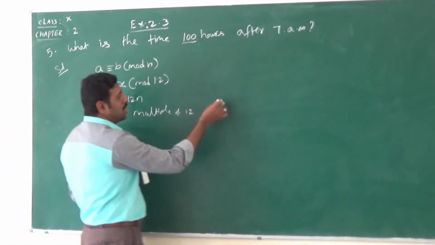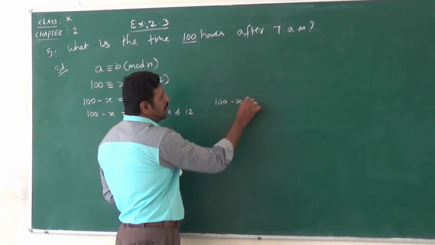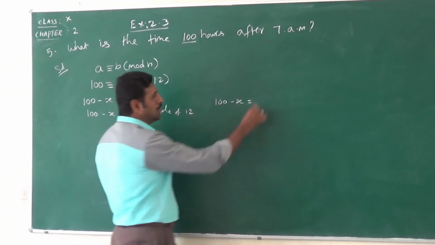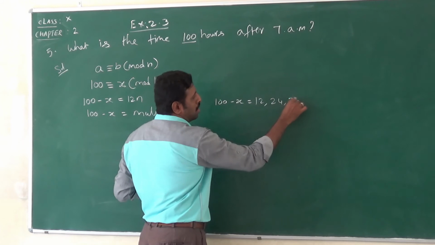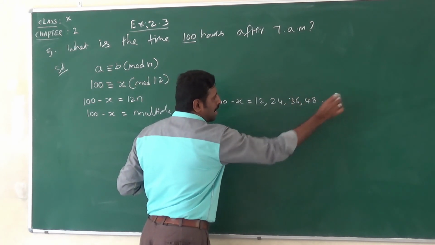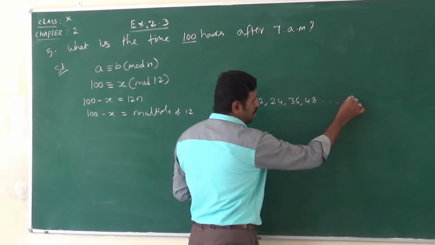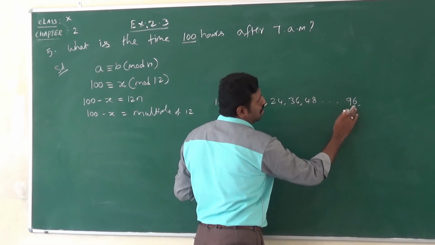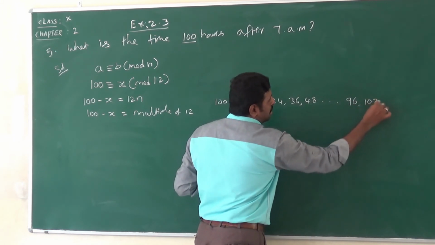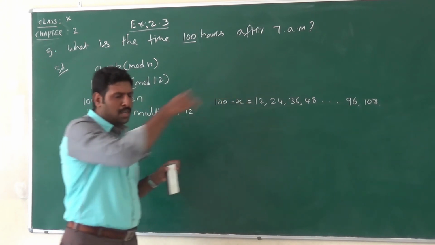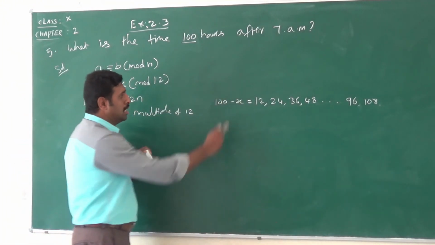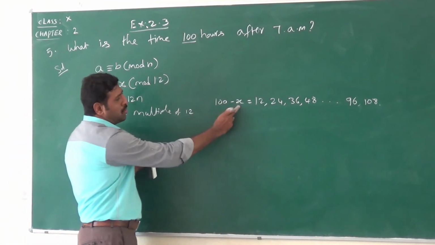So what are the multiples of 12? We get 12, 24, 36, 48 like this, right? And then 96 and then 108. It goes on like this, right? Now we want to find the positive value of x.